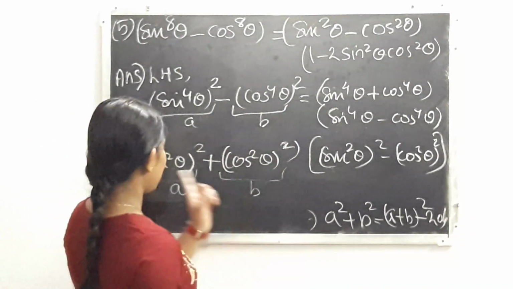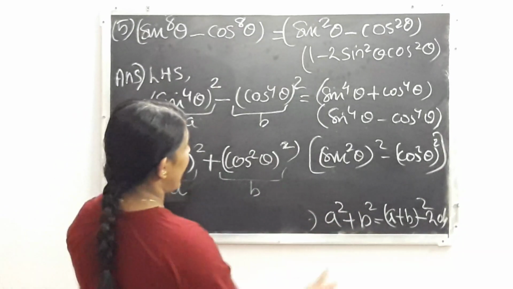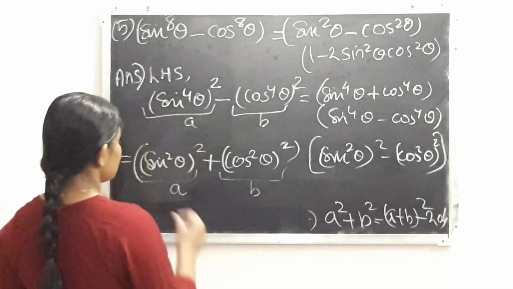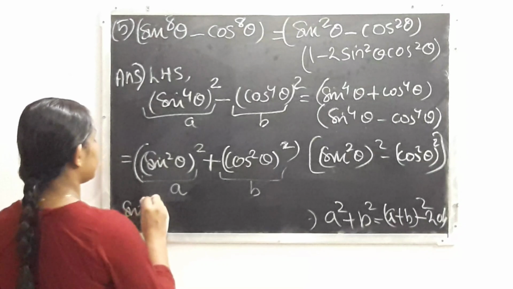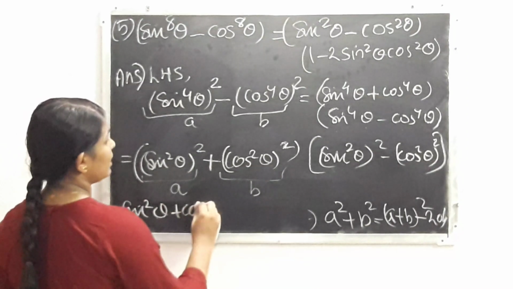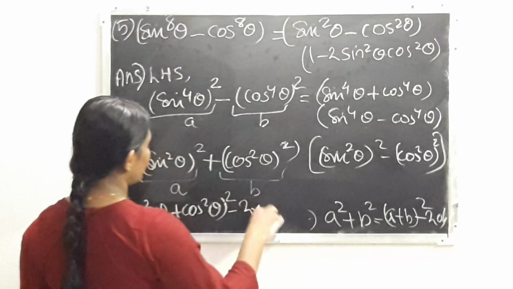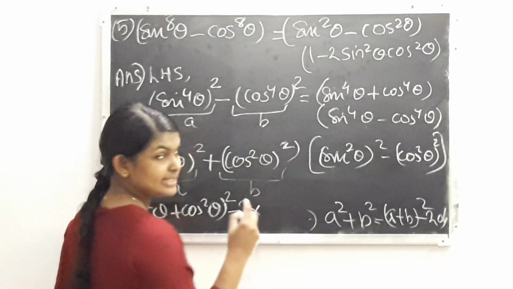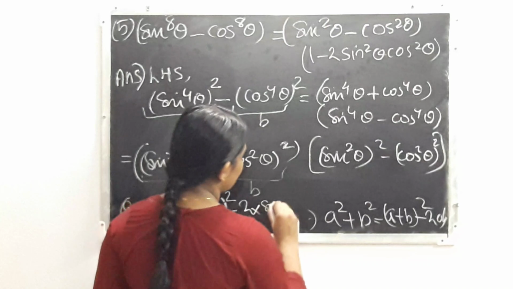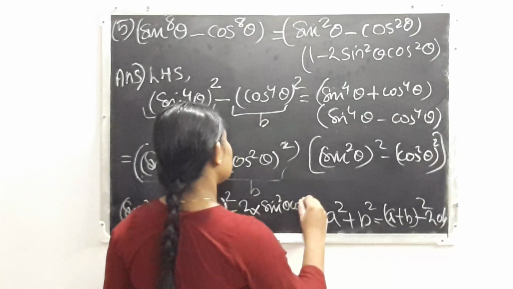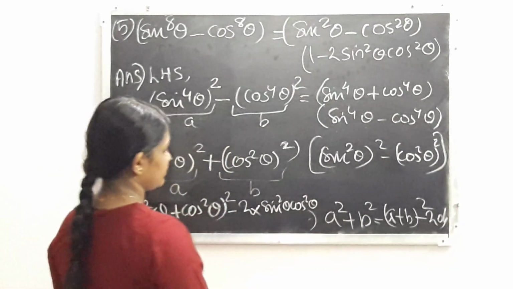So we can write this a square plus b square as a plus b the whole square minus 2ab. So a plus b the whole square means sin square theta plus cos square theta the whole square minus 2 into a into b, where a is sin square theta and b is cos square theta. So 2 into sin square theta cos square theta.